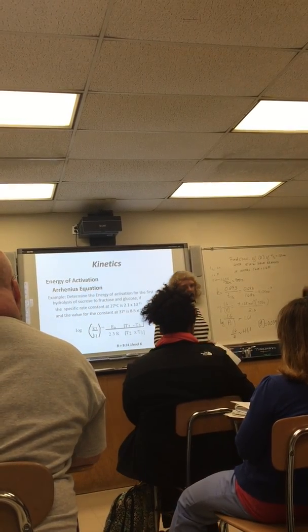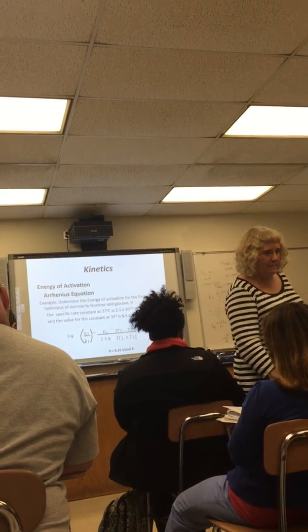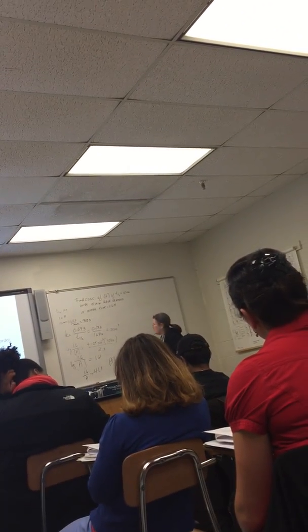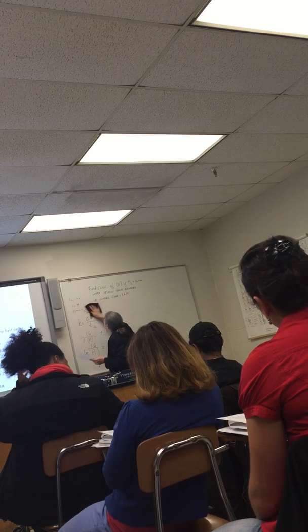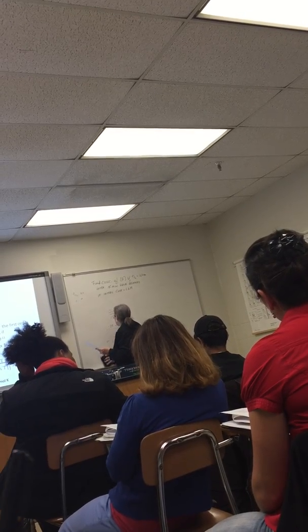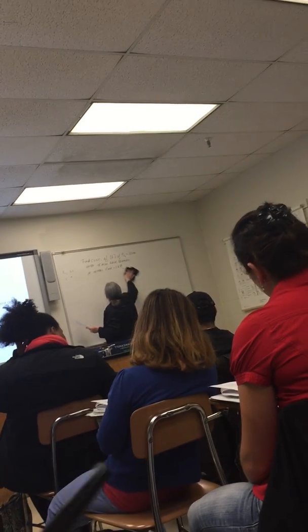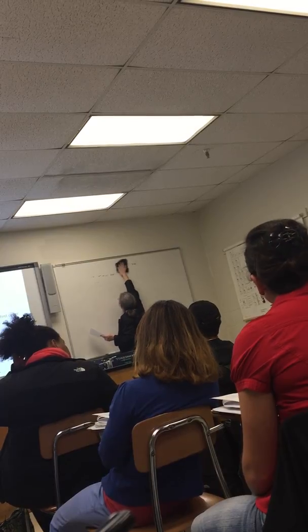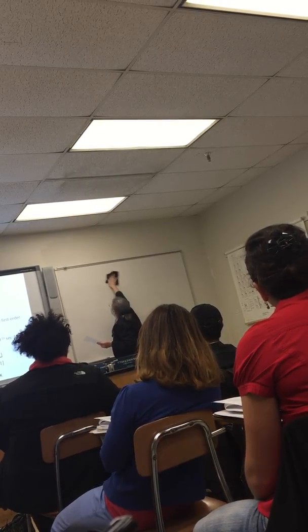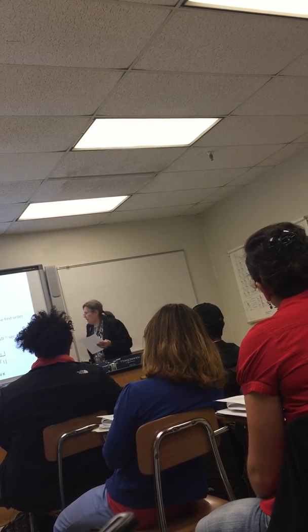All right, now, what we're going to do is consider a reaction that's done at different temperatures. And we want to see how we're going to actually affect the specific rate constant, because the constant does change with temperature.